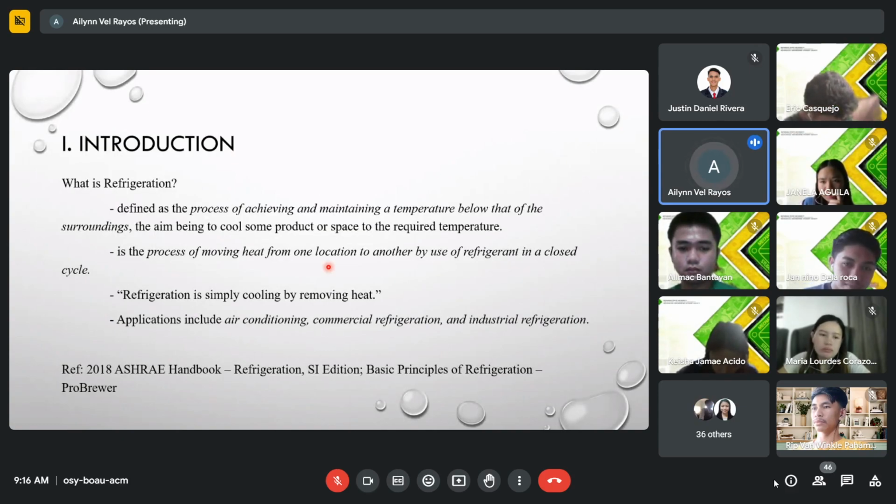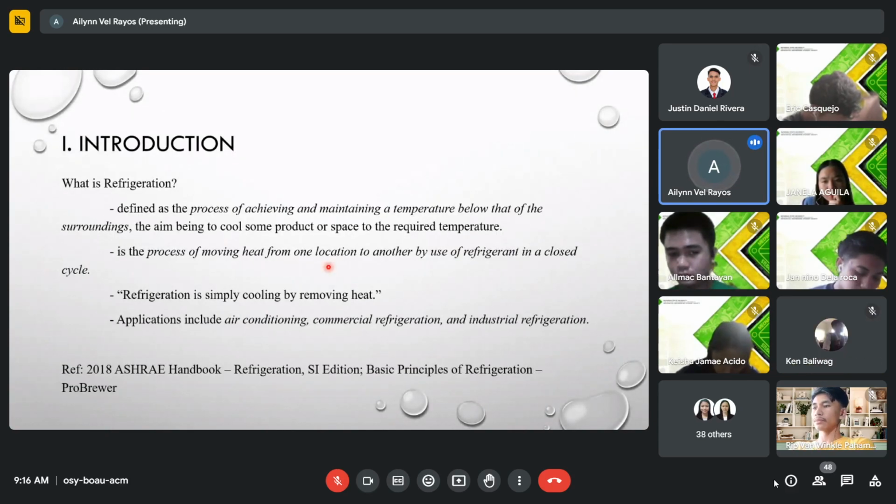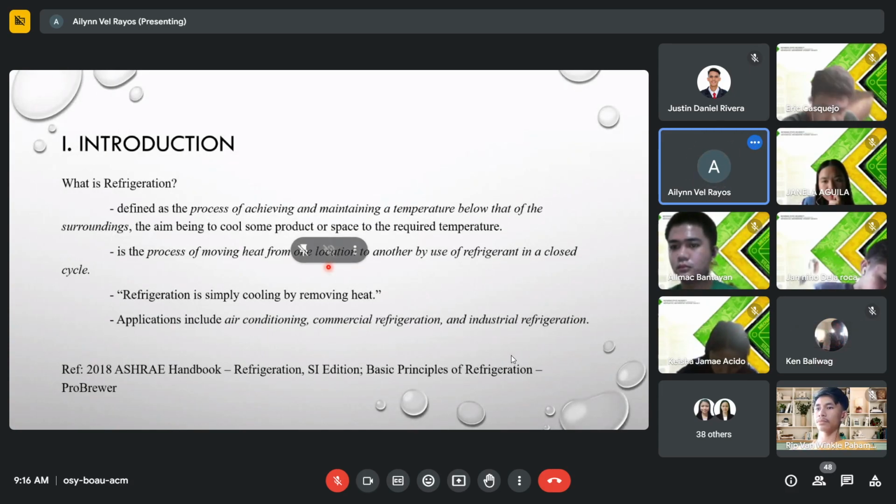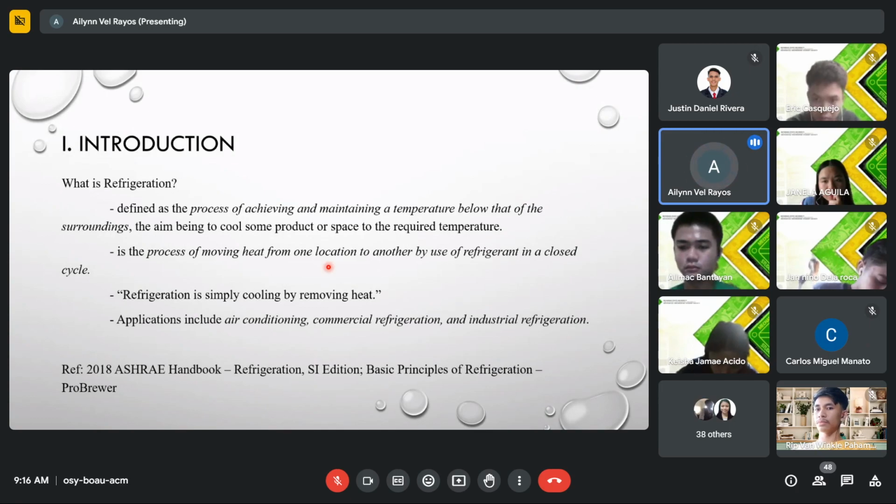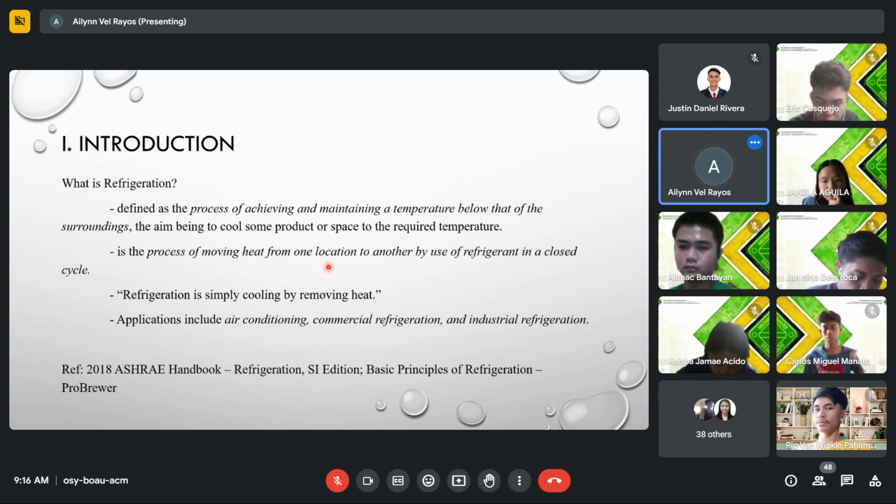Its main function is to provide longevity to our food so it does not spoil easily. That is one of the main applications of these appliances at home, and also you can have cold drinking water in hot seasons.